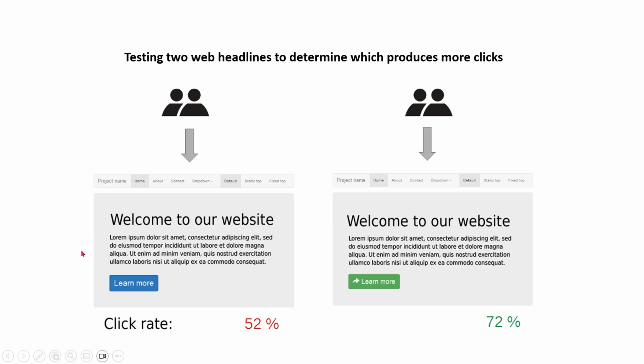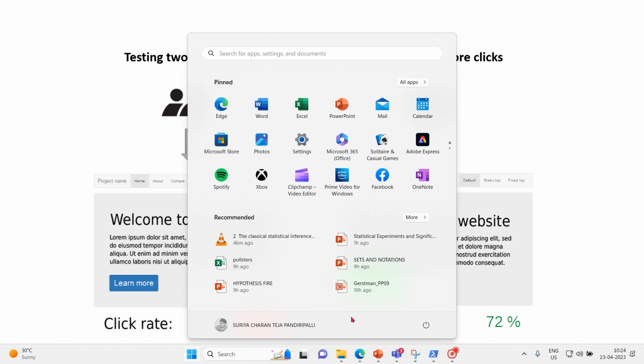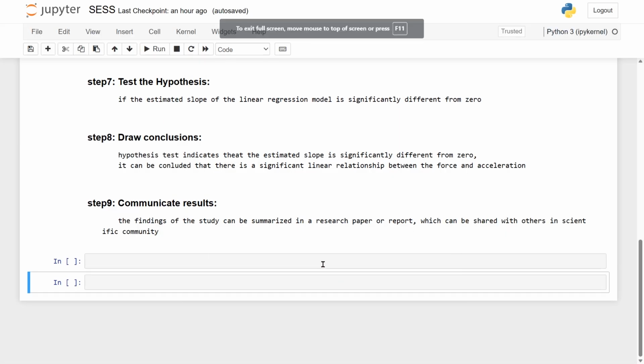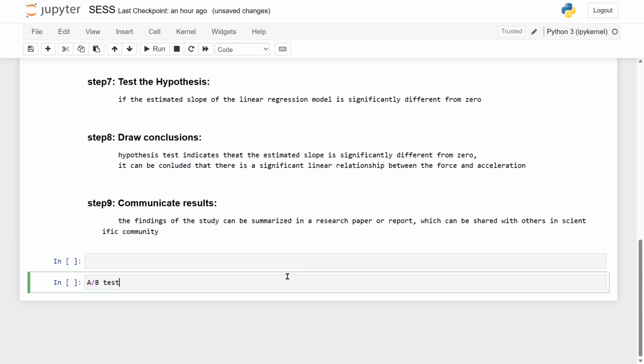Welcome to our website with this design or with this design, with this different color or this color, which produces more clicks. Like that, you can have many more examples. Let me write them down here.